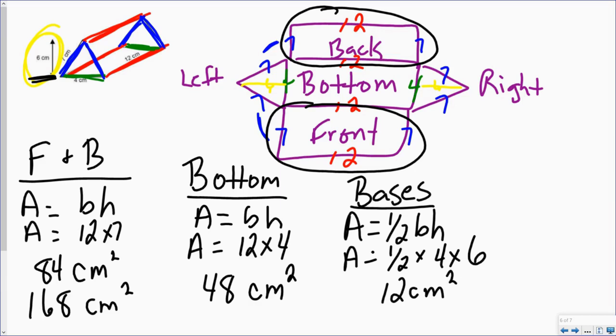But then I have to double that because I've got 2 of them. So that then I have 24 centimeters squared. When I add 168 plus 48 plus 24, that gives me a grand total of 240 centimeters squared for my surface area of this 3D object.